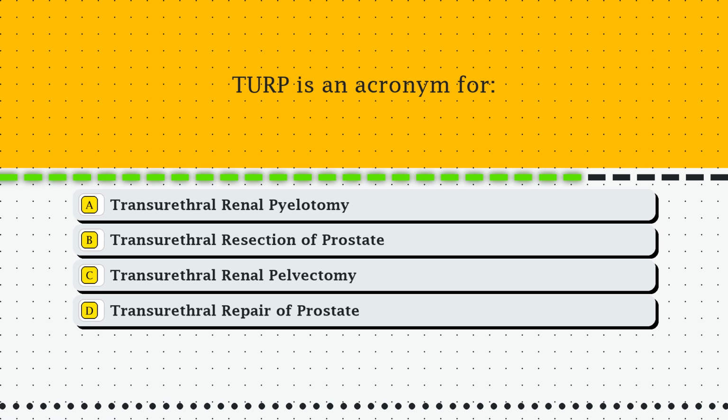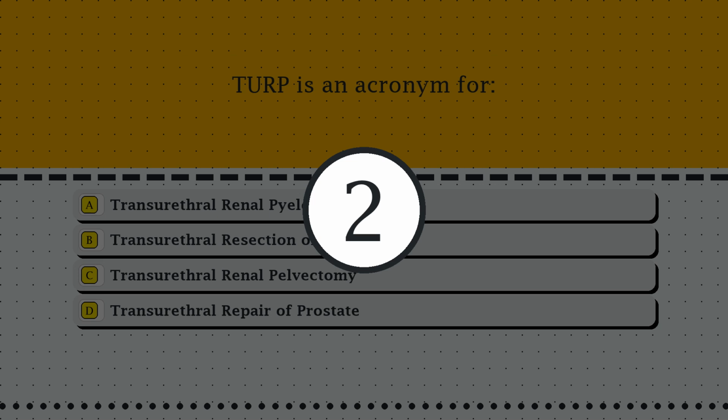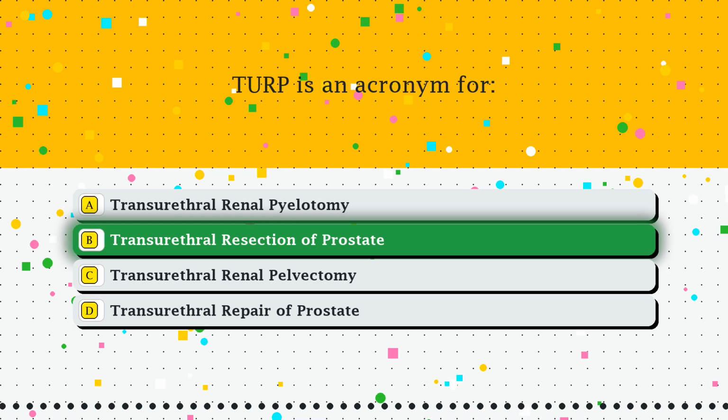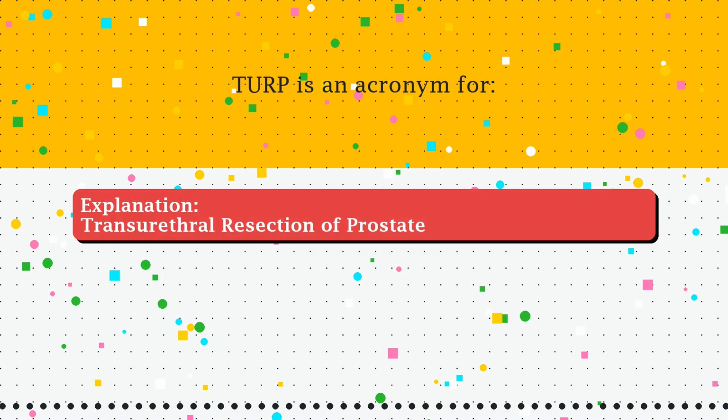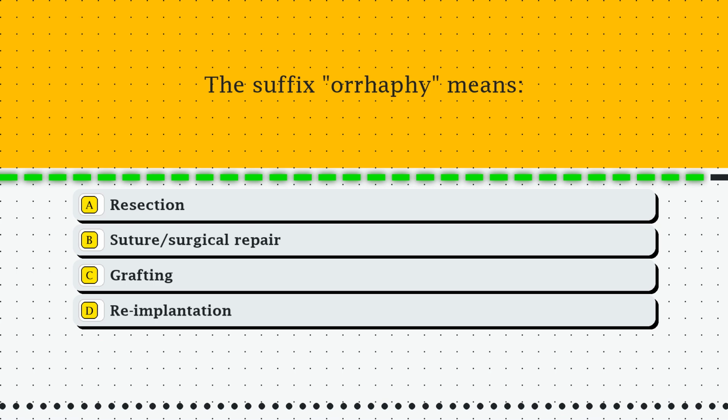TURP is an acronym for option A, a transurethral renal pyelotomy, option B, a transurethral resection of prostate, option C, a transurethral renal pelvectomy, option D, a transurethral repair of prostate. The correct answer is option B, transurethral resection of prostate. Question 156.